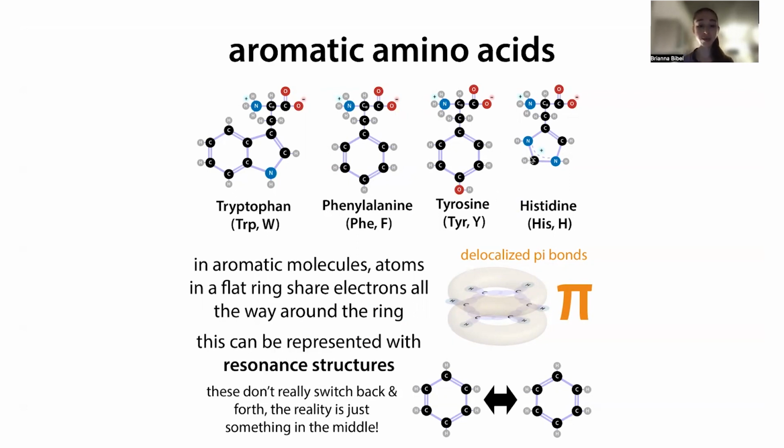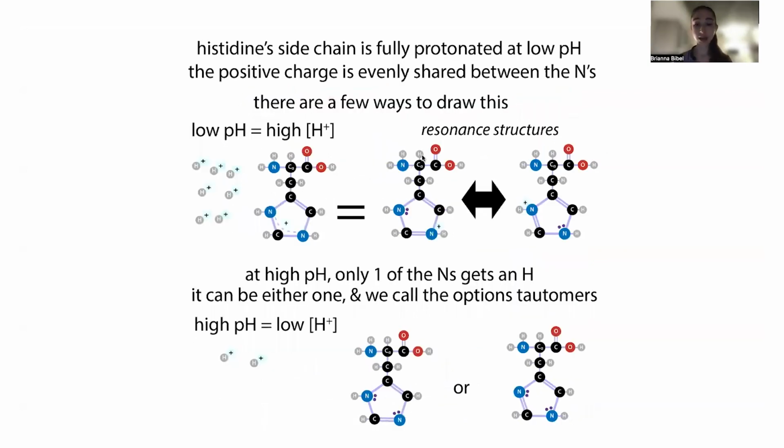It's harder to see with histidine that you actually have aromaticity going on. With histidine, in addition to alternating single and double bonds, you can also have resonance when you have a lone pair of electrons participating.